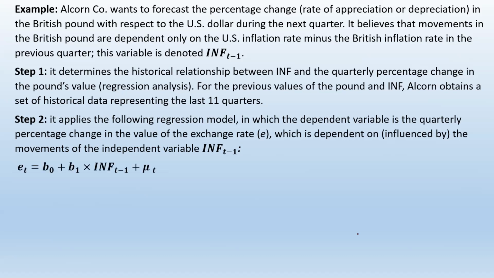We develop the regression model. In the regression model, the percentage change in the British pound exchange rate will only depend on a constant term and the previous quarter's inflation differential.